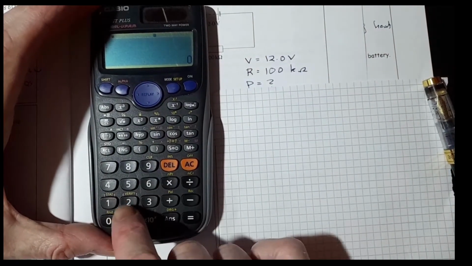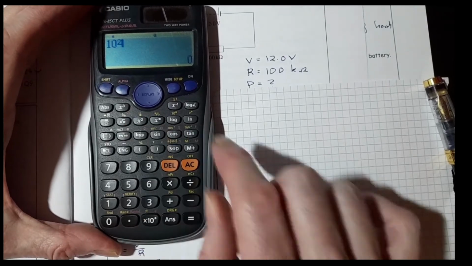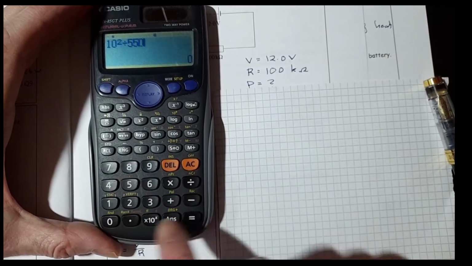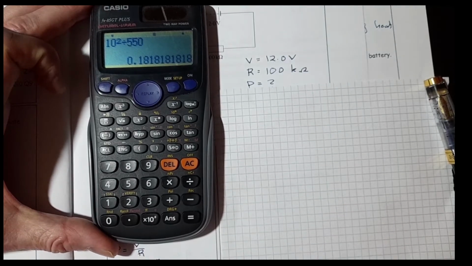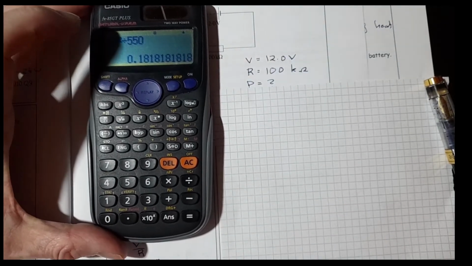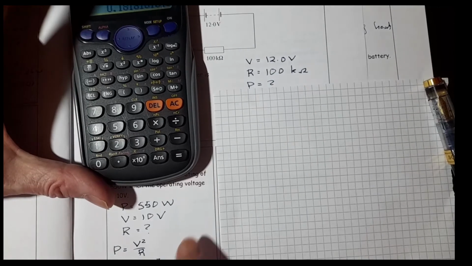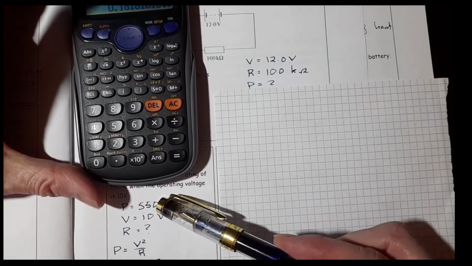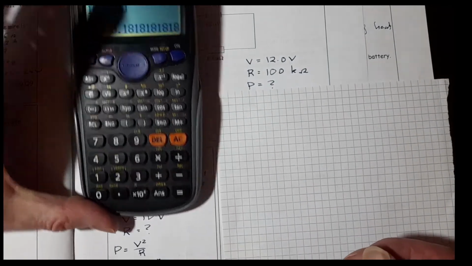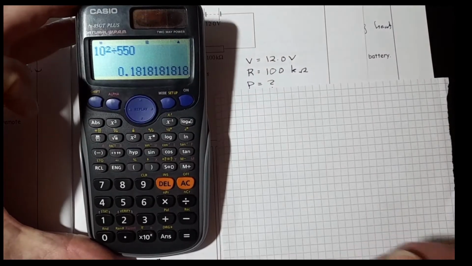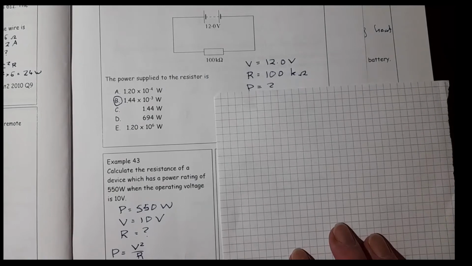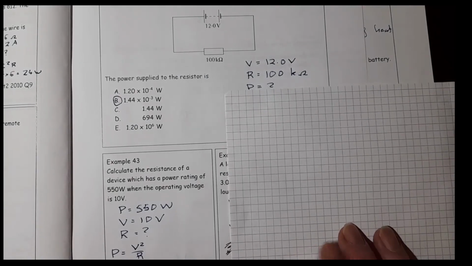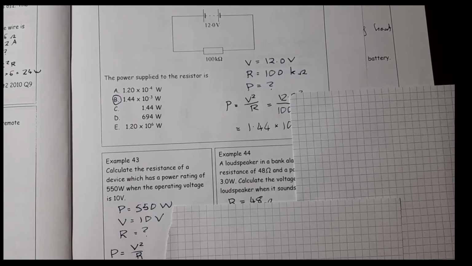When I do 10 squared, which is obviously 100, divided by 550, I get 0.1818 as a decimal. It goes on for quite a while. But I should only be working with probably two significant figures. And so I need to round it to two significant figures here, 0.18. And the unit is the ohm. Okay, next one.